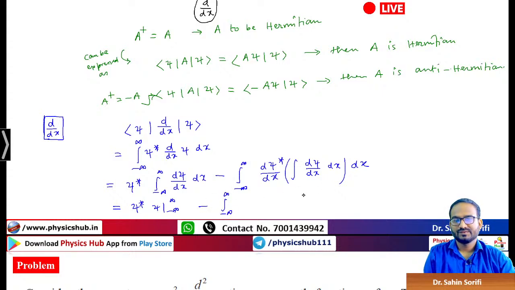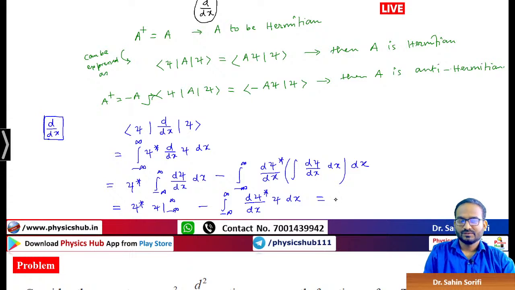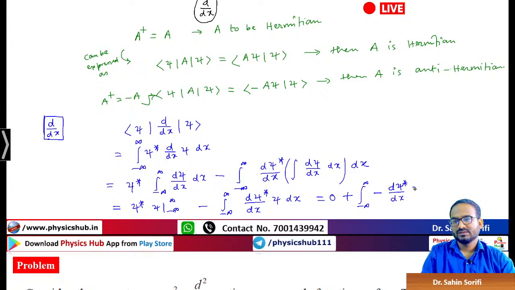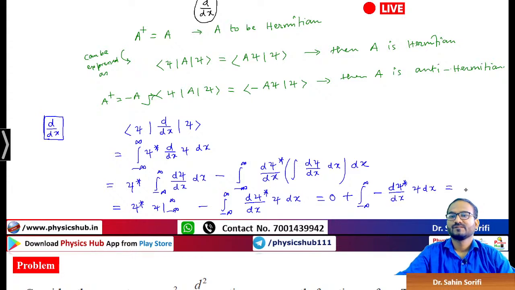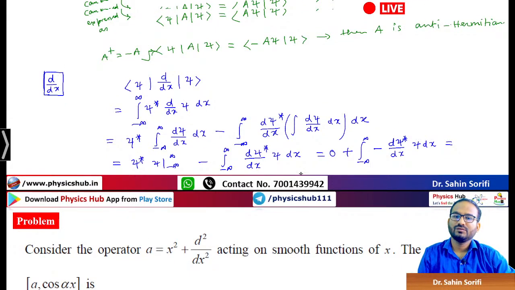Then the second term, we are taking this minus inside, so minus d psi star by dx times psi dx.